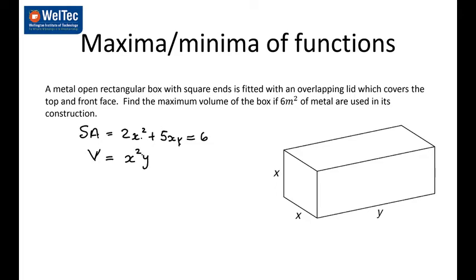and it tells you that that's equal to 6, and you also know that the volume of a box is equal to, in this particular case, x squared y. Right, what you're going to have to do is find a value for y from equation 1. So y is going to be equal to 6 over 5x minus 2x over 5.